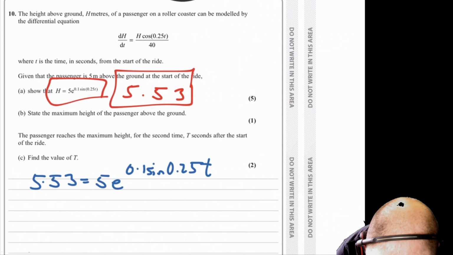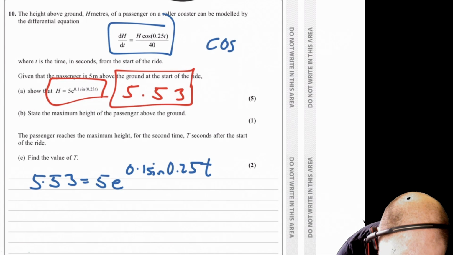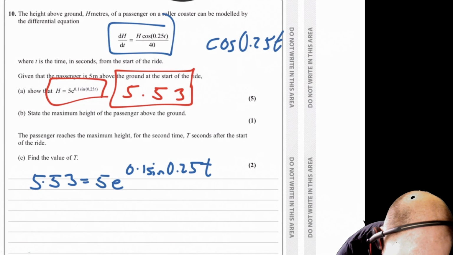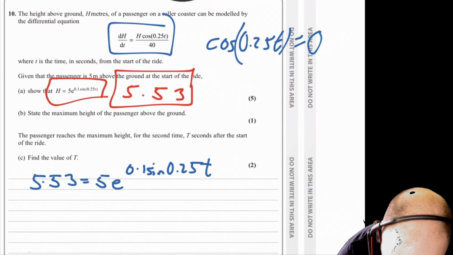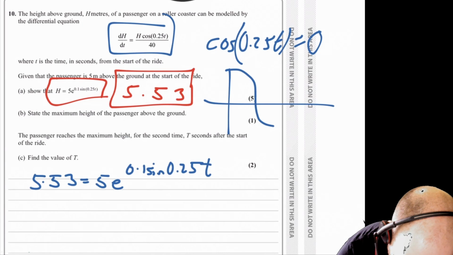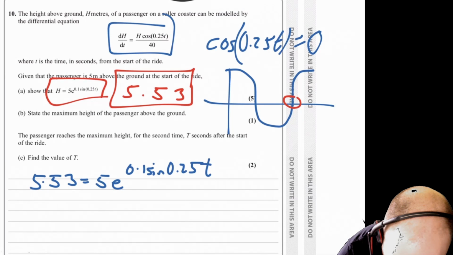That works, but why isn't this one working? So we said h is 0, dh by dt is 0. Definitely that point, which is 3 over 2 pi.